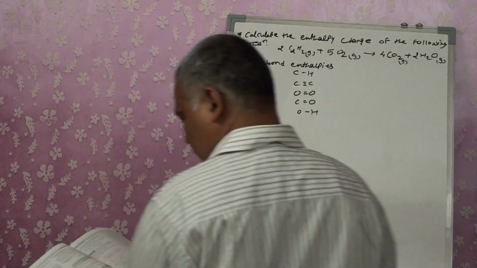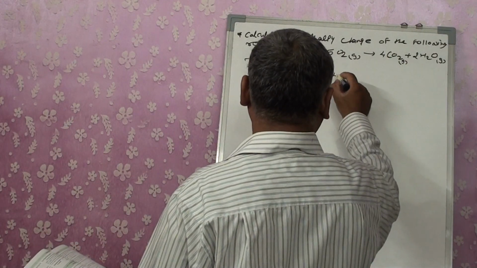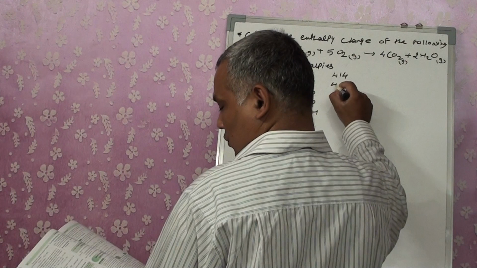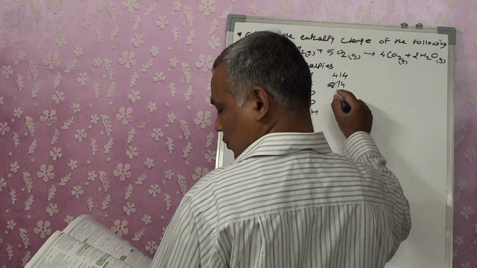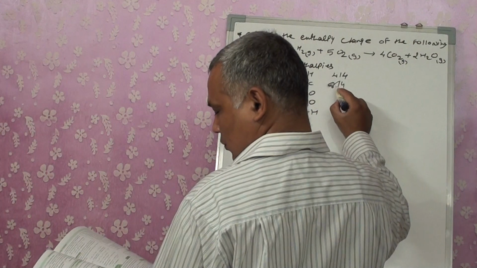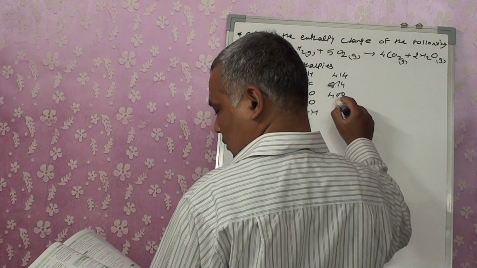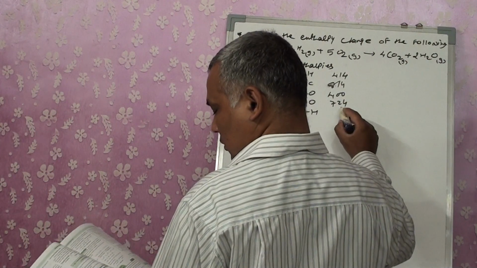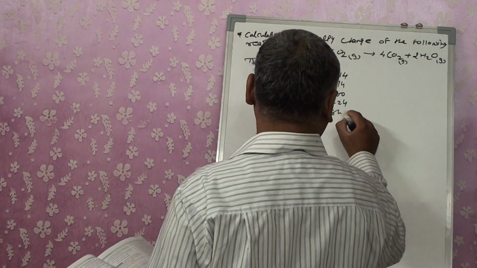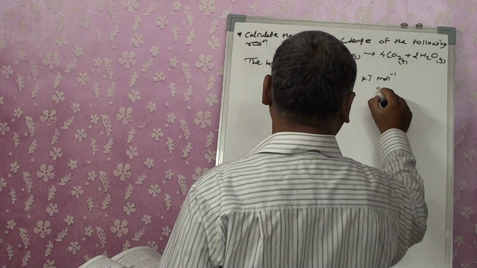These values are given as 414, 814, 400, 724 and 840 kilojoule per mole.